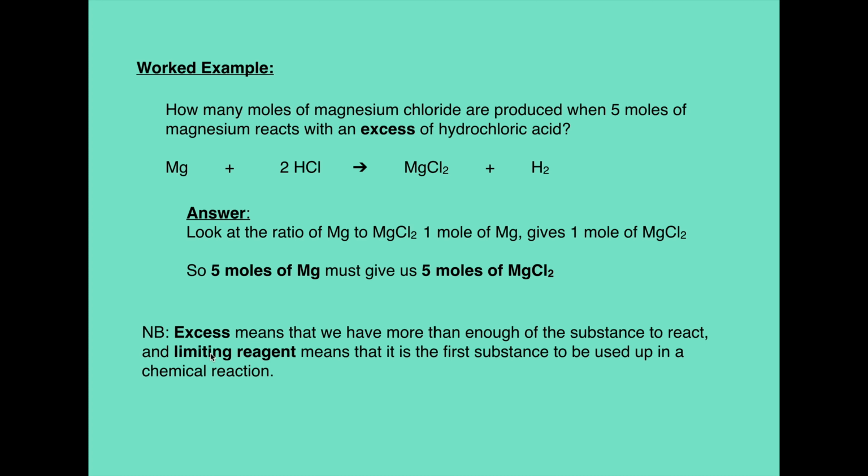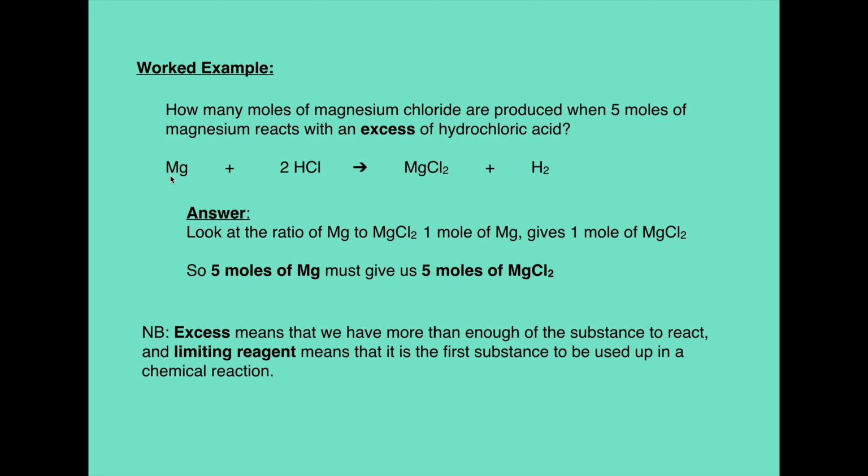However, the magnesium here was considered to be the limiting reagent or the limiting reactant. The magnesium gets used up, so if we drop some magnesium ribbon into hydrochloric acid, the magnesium would completely disappear. So the magnesium is the limiting reagent.